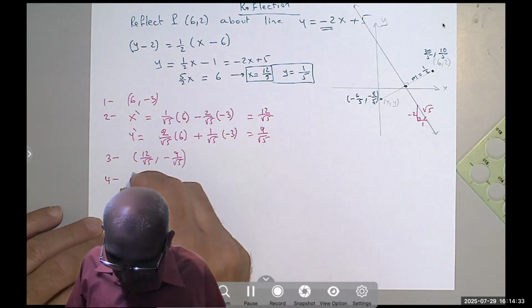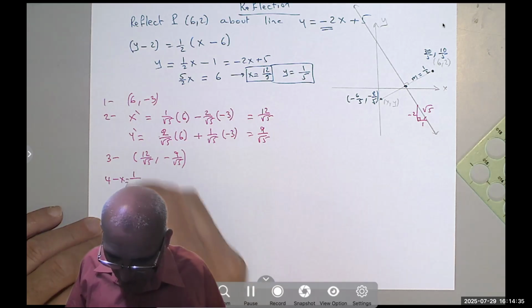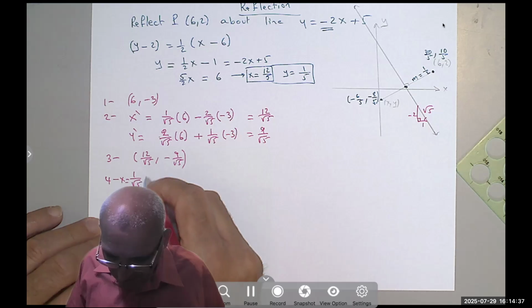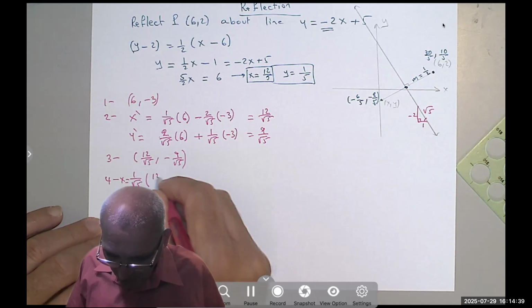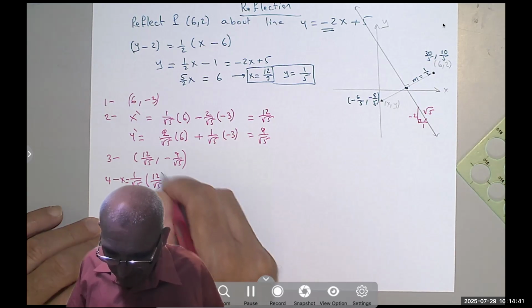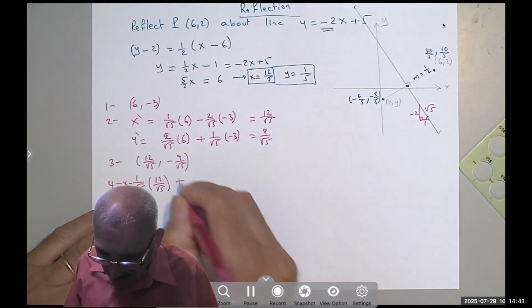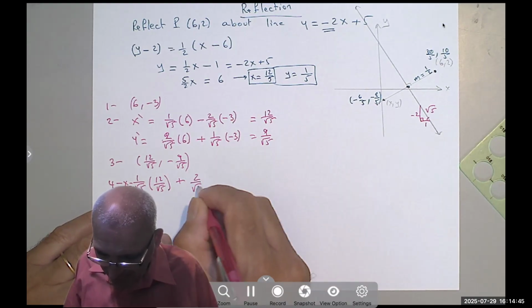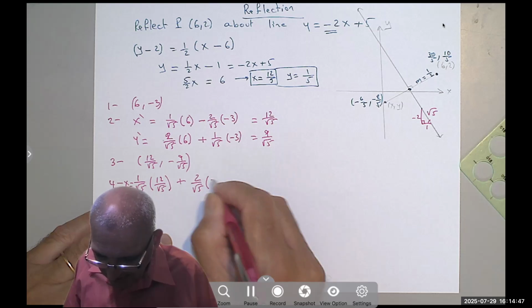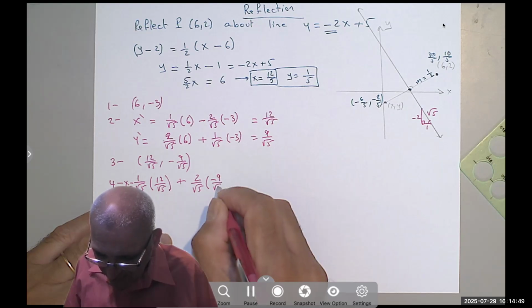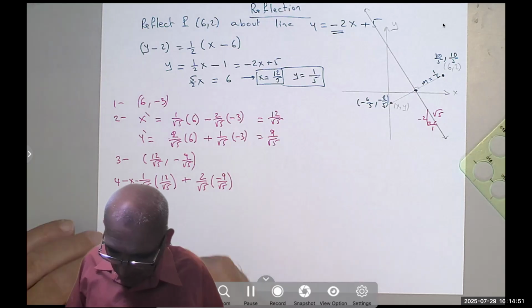So x equals 1 over root 5 times 12 over root 5 plus 2 over root 5 times negative 9 over root 5. Okay?